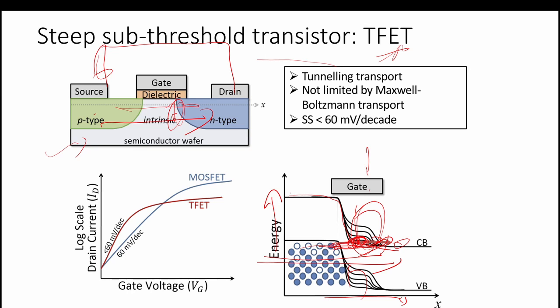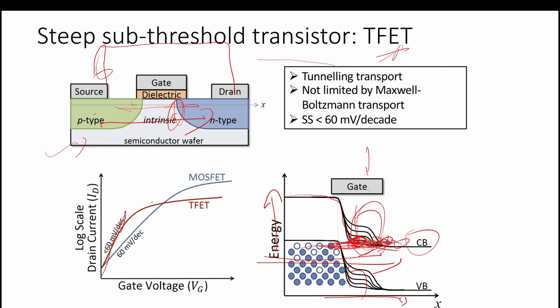The electrons will tunnel through the junction. The current will be because of the tunneling between this p type and the n type. So this device can turn on with a steeper subthreshold swing.